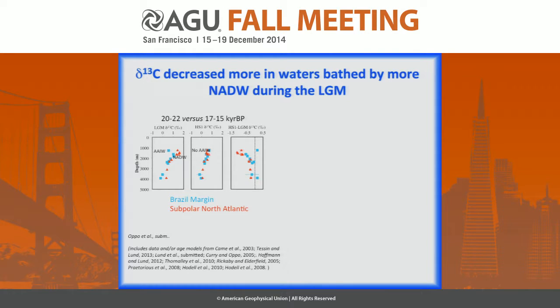The Brazil margin data are in blue, the subpolar North Atlantic data in red, and the LGM shows features that you're probably all familiar with: the high Delta C13 values in the high latitude North Atlantic, presumably North Atlantic deep water, the low Delta C13 values in the South Atlantic, presumably Southern Ocean water, and in the LGM, on the Brazil margin, there's this third water mass, Antarctic intermediate water, which here is shown by only 1 data point, but it's actually well resolved with shallower cores and also with cadmium calcium.